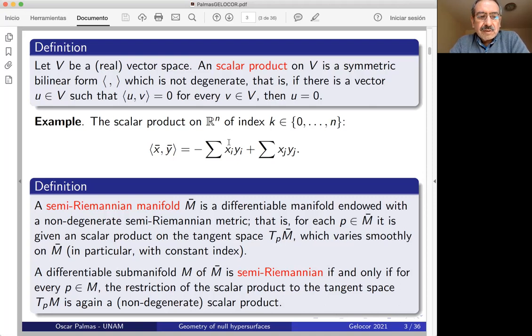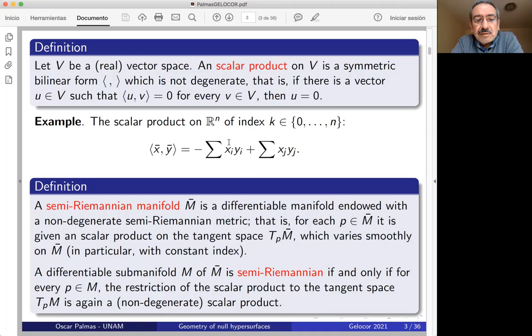So this is a scalar product, and a semi-Riemannian manifold is a differentiable manifold with a non-degenerate semi-Riemannian metric, which means that for every point in this manifold, we give a scalar product in the sense above, which varies smoothly, and in particular, it implies that it has constant index.